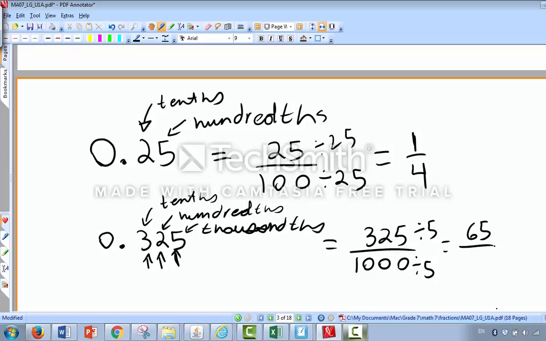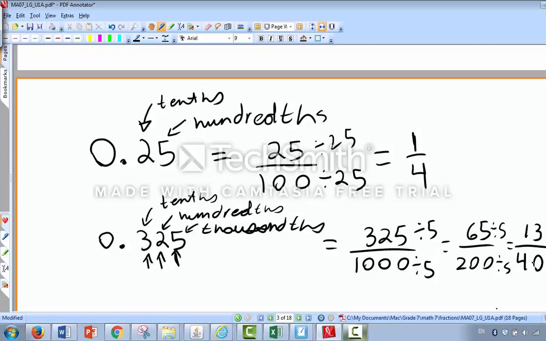And 1,000 divided by 5 is 200. Okay, again, I can divide the top and the bottom by 5. I could have divided them by 25 to begin with, but that's okay that I didn't. This is just another way to do it. So 65 divided by 5 is 13. And 200 divided by 5 is 40.